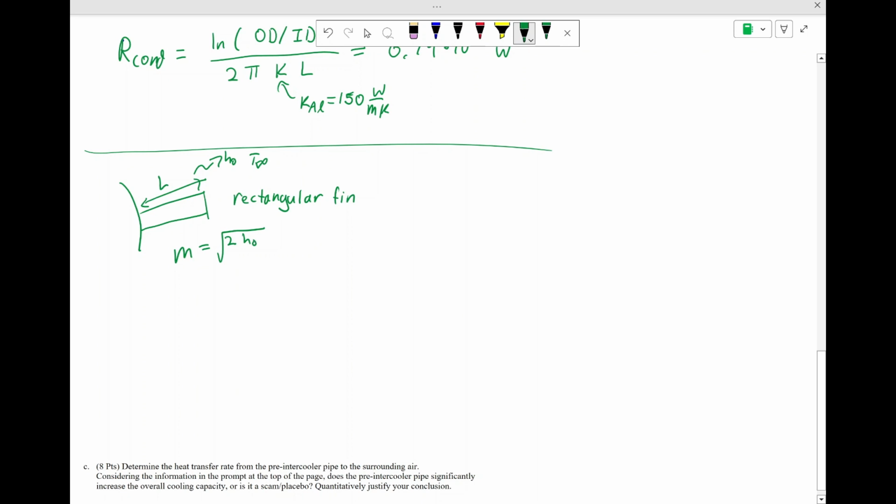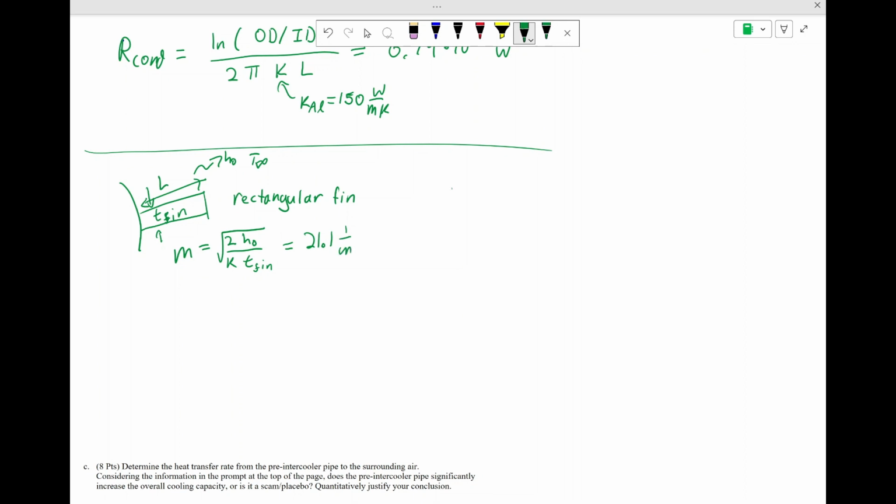So we have 2HO over, again, the thermal conductivity of the aluminum and the thickness of the fin, where T fin is this thickness here. And we can just calculate this. This comes out to like 21.1 per meter.